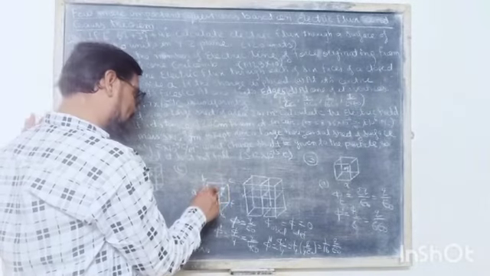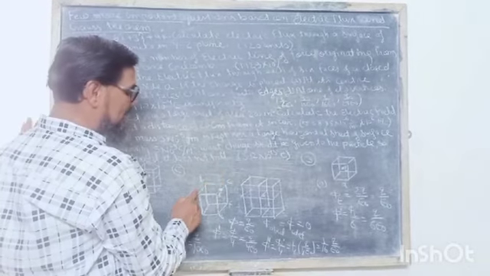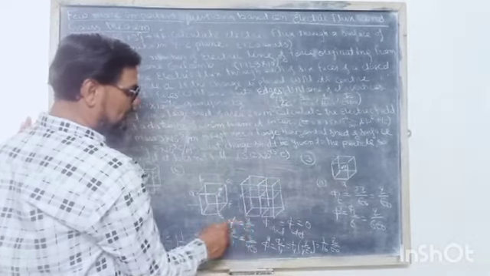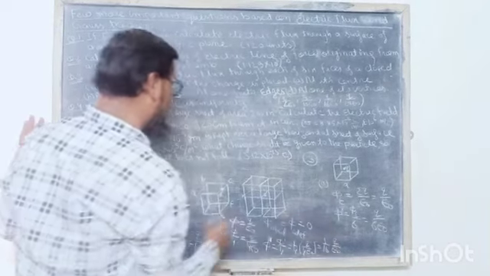So the electric flux linked with the surfaces touched by the charge will be 0, and for each of the remaining faces, 1 upon 16 q upon epsilon naught.